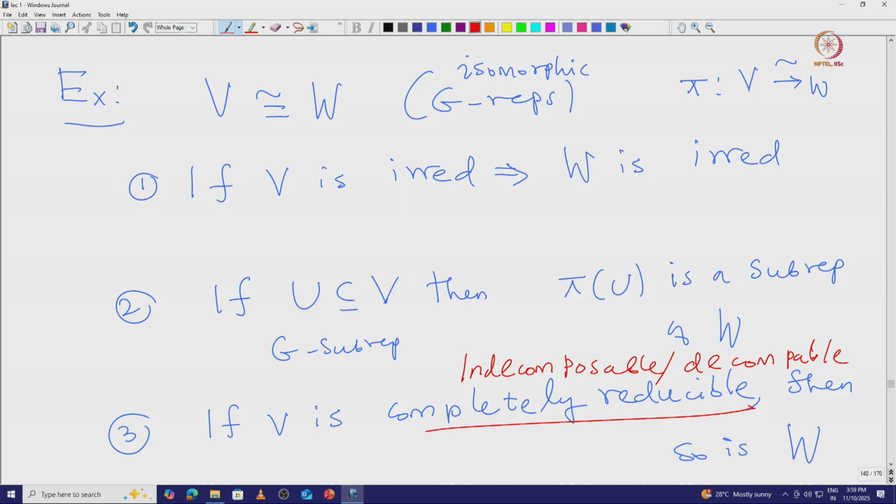For example, if you have a filtration for V, then we can pull back that and get a filtration for W. So, equivalent representations will actually possess the same information.